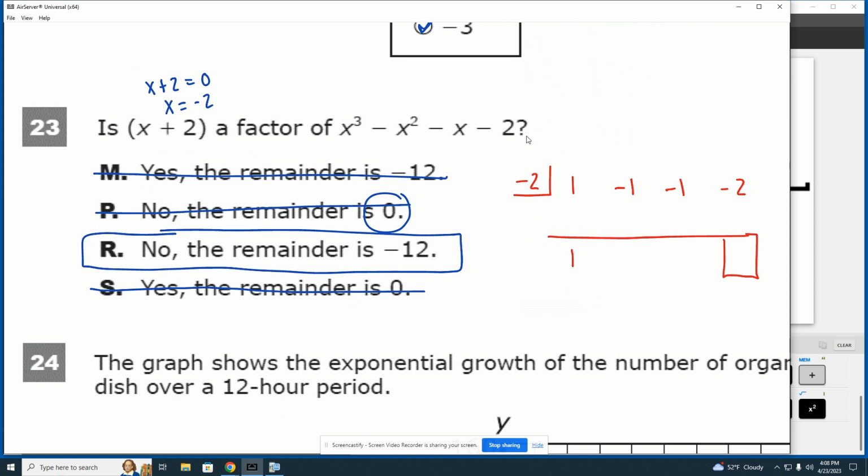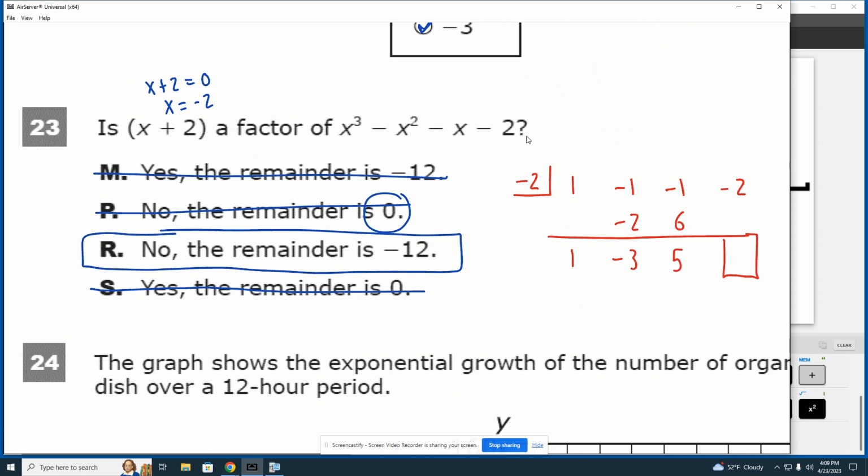Watch. -2 times 1, -2. -1 minus 2, -3. -2 times -3, +6. +6 minus 1, that's 5. I just went brain damage for a minute. That's +5, 6 minus 1.